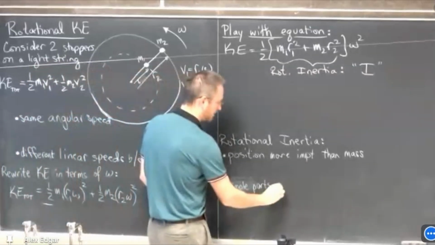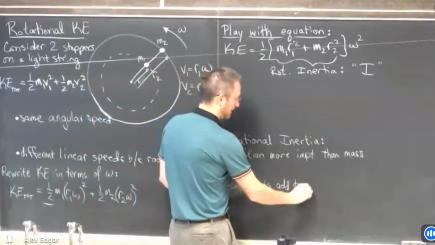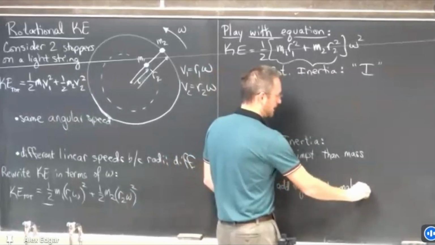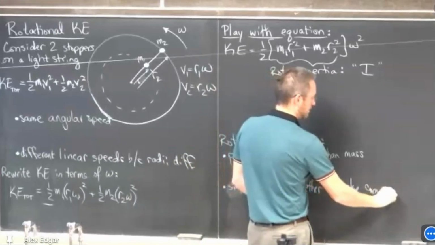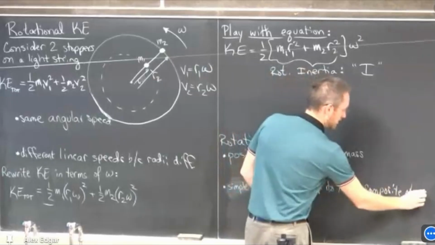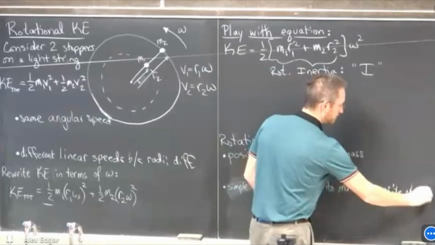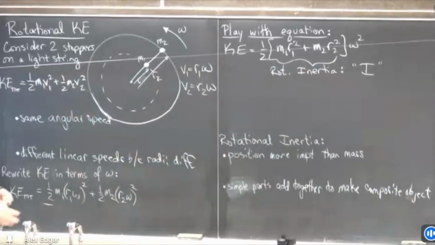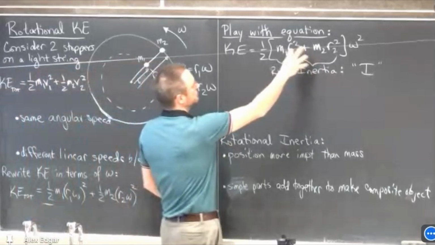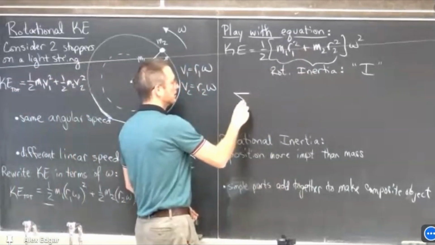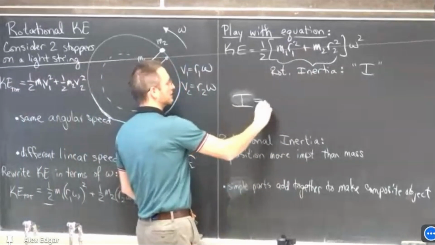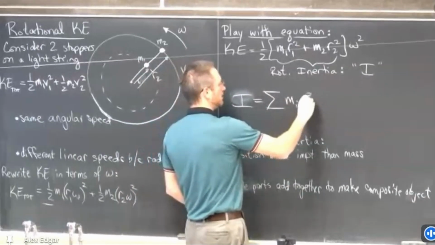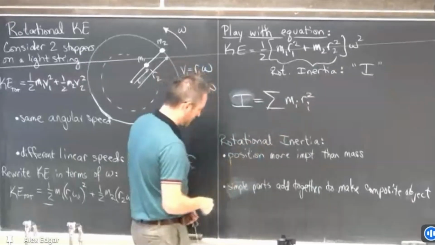So the simple parts add together to make a composite object. And I could add a third stopper and a fourth stopper and a fifth stopper. And our general thing here would become, I'm going to add up all little masses and all little radii at each position. Oh, I should add a third dot here.